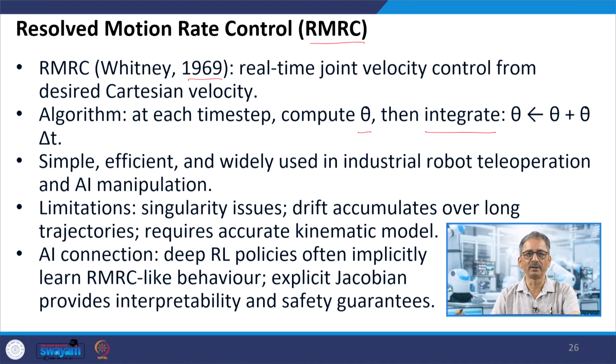There are singularity issues, drift accumulates over long trajectories, and it requires an accurate kinematic model. Deep reinforcement learning policies often implicitly learn this RMRC like behavior. Explicit Jacobians provide interpretability and safety guarantees.